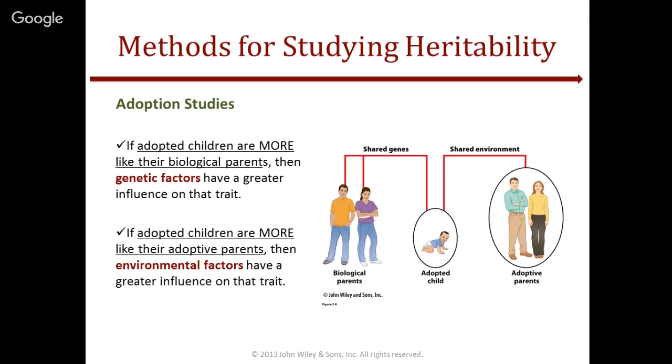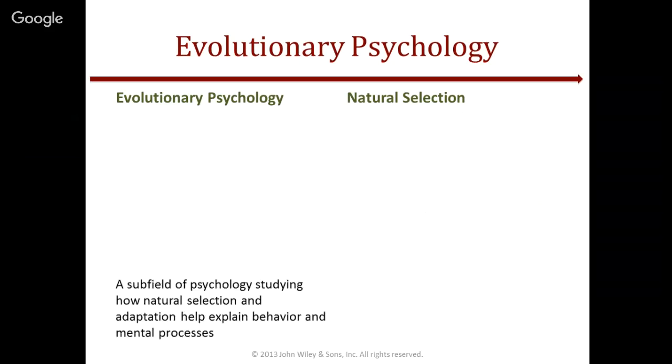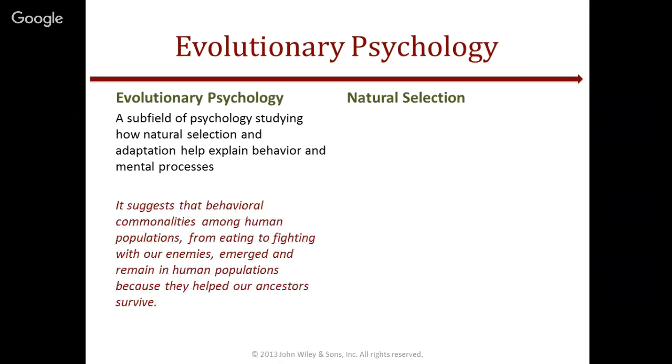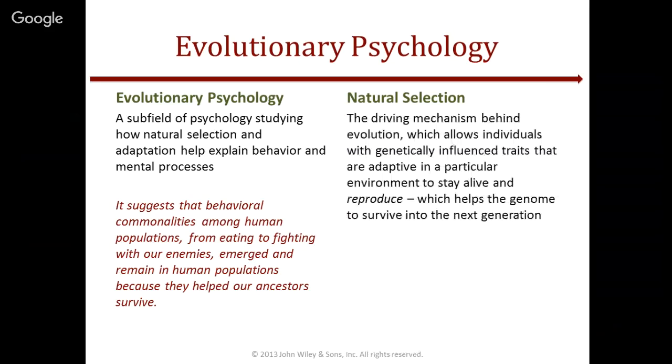So they may exhibit traits in their personality that are very much like their adoptive parents, even though there's no genetic influence present. So as we're talking, we find that both our genetic makeup as well as our environment play a major part in the way that we behave and also the way that we think.